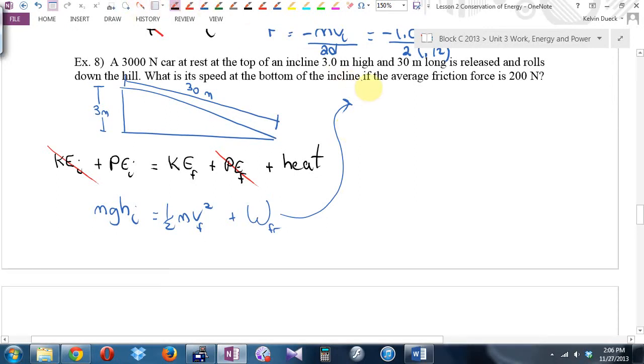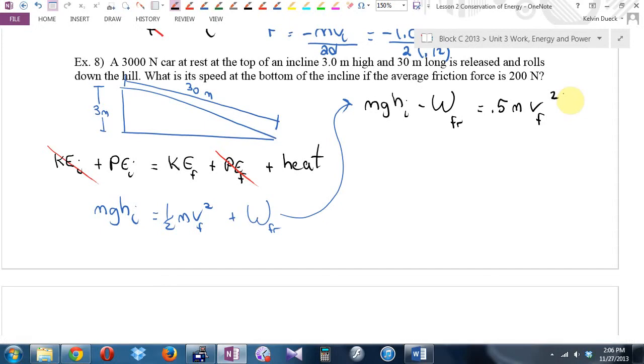So I'm going to go mgh initial, take away the work done by friction equals 0.5 m V final squared. So far, so good.